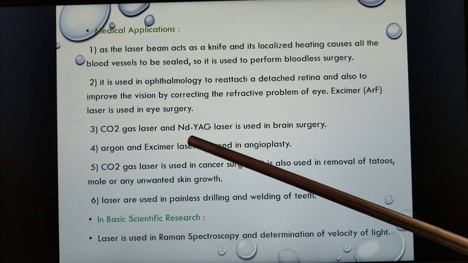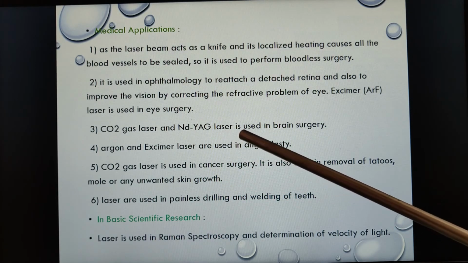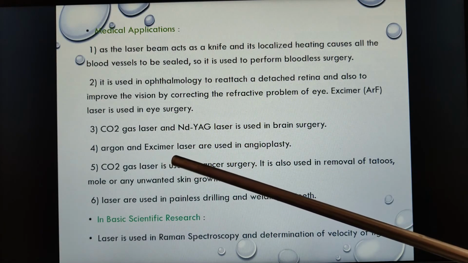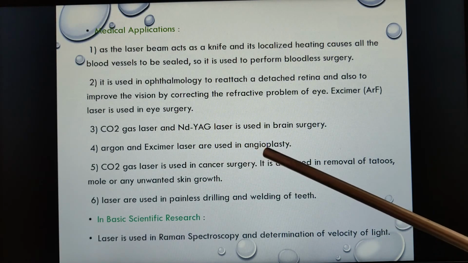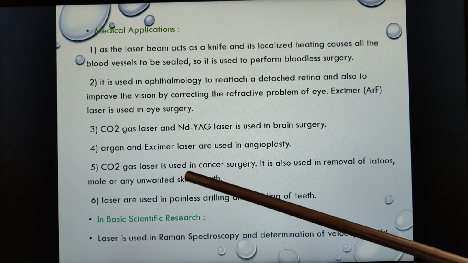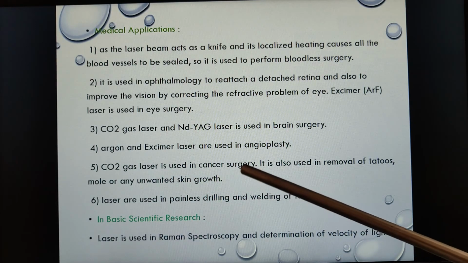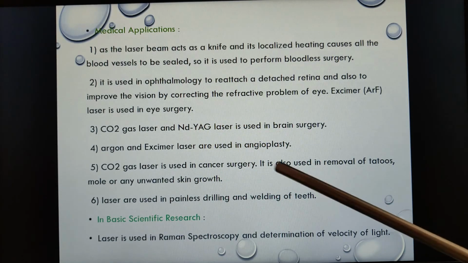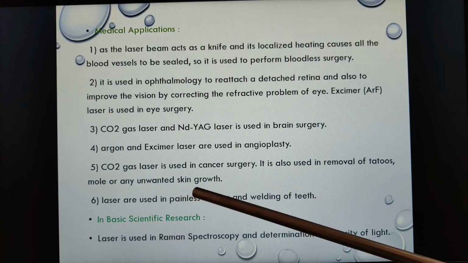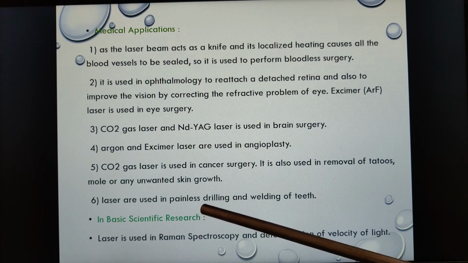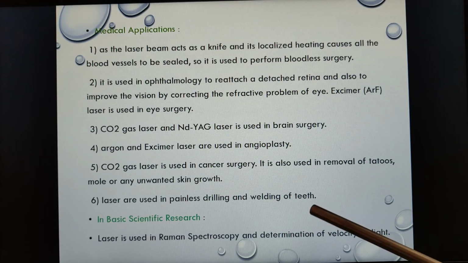CO2 gas laser and Nd:YAG laser are used in brain surgery. Argon and Excimer lasers are used in angioplasty. CO2 gas laser is used in cancer surgery. It is also used in removal of tattoos, moles or any unwanted skin growth. Lasers are used in painless drilling and welding of teeth.